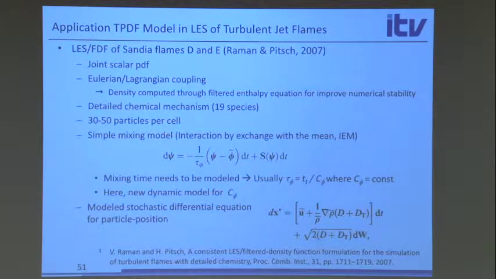The mixing term I mentioned earlier, I don't really talk here about how the closure for this is done, but there are models like the so-called interaction by exchange with the mean model. That's a very simple model that's often used, and all it says is that mixing always leads every single state to move a little bit more towards the mean on average, okay?